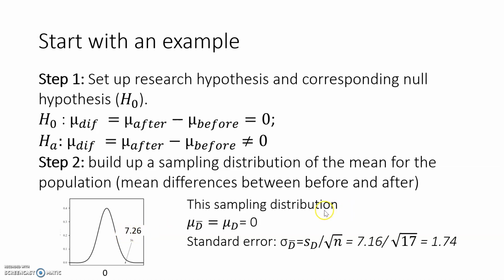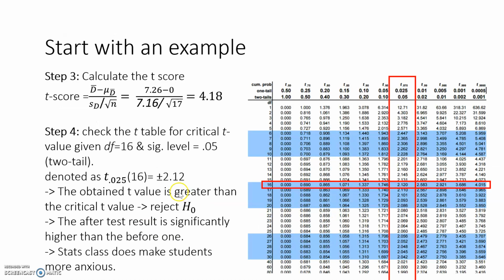Okay. And third step is we want to calculate the t-score for our observed sample mean. Exactly the same thing as the t-test we did in last week's class. So the observed sample mean minus the population's mean.